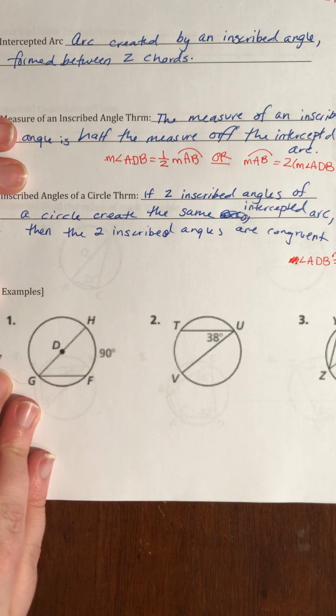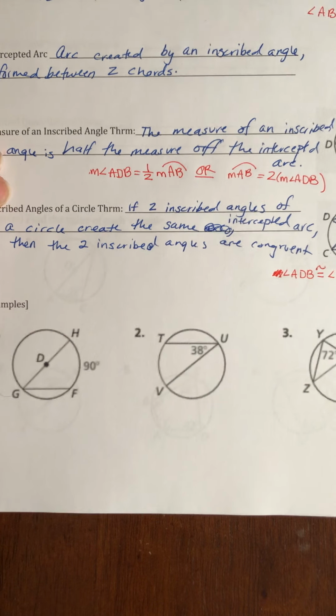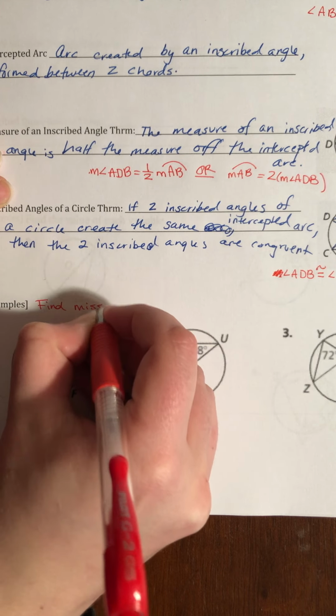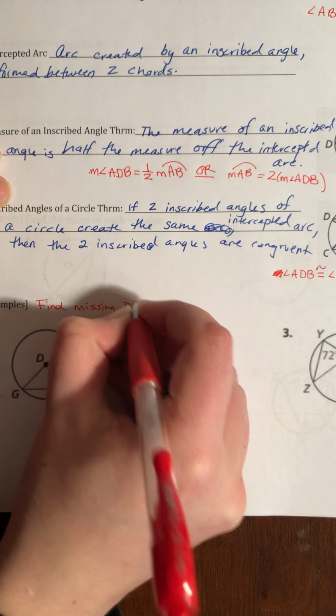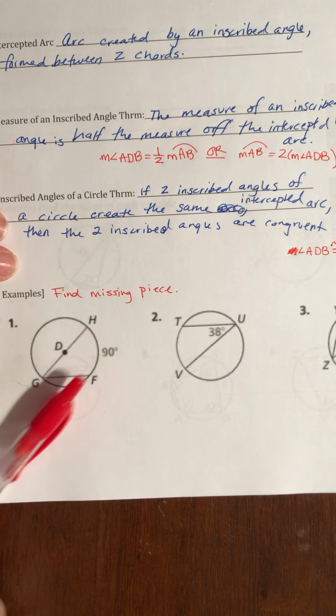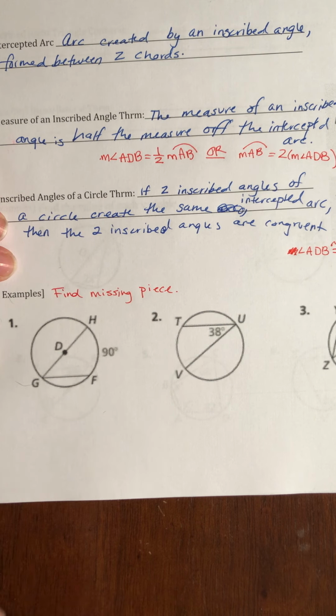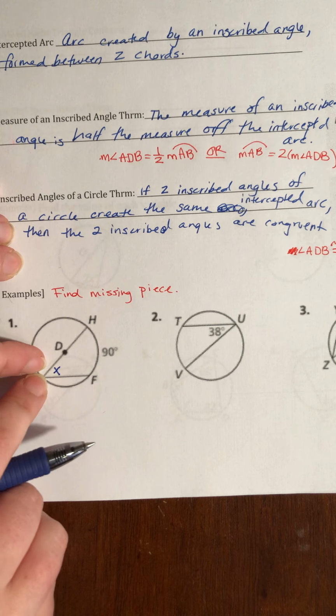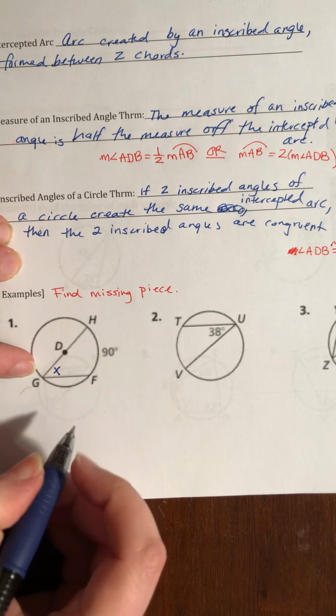So I want to find the missing piece. It's either going to be the inscribed angle or the intercepted arc. Here I have the intercepted arc, so I want the inscribed angle. The inscribed angle is half of the intercepted arc.